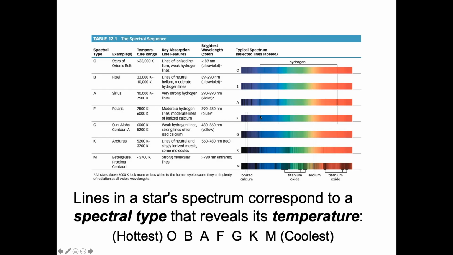In Polaris, we can see those hydrogen lines start to weaken a bit, and we start to see spectral lines from other atoms, like calcium and sodium.